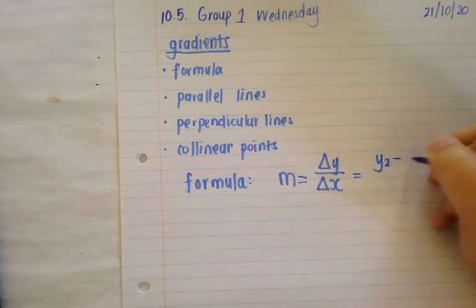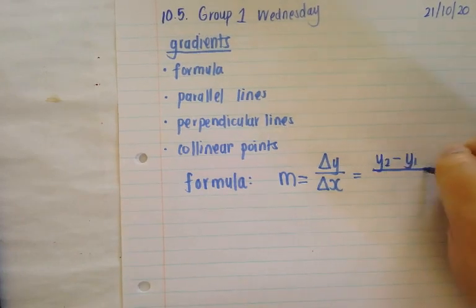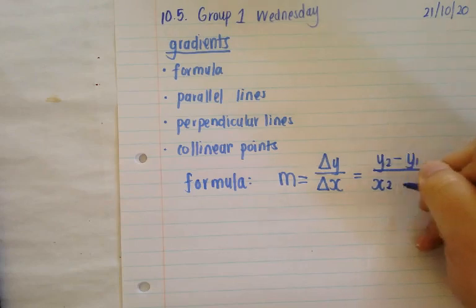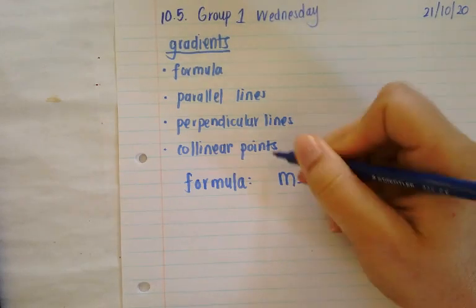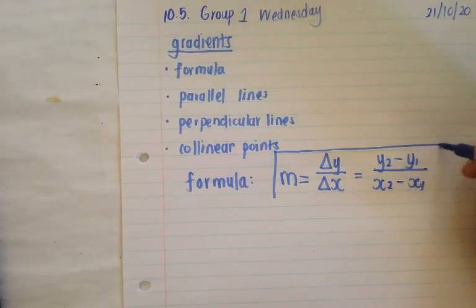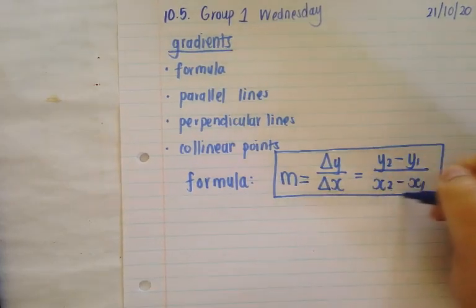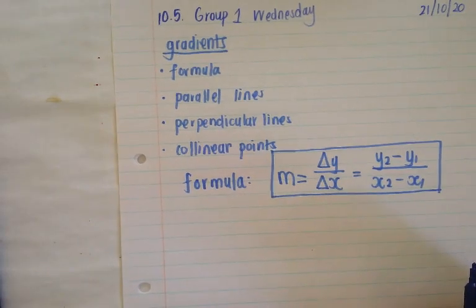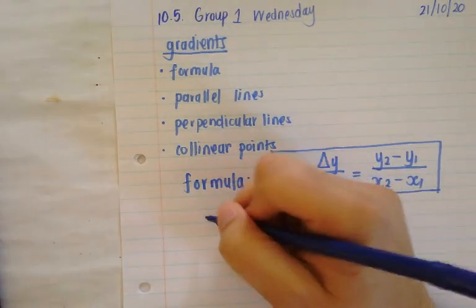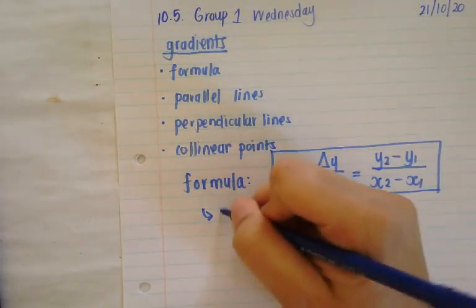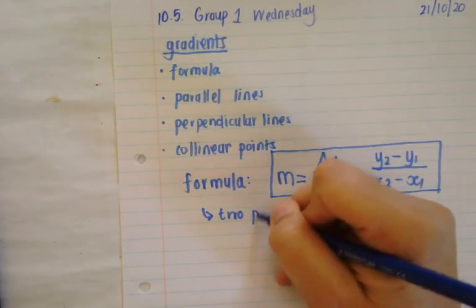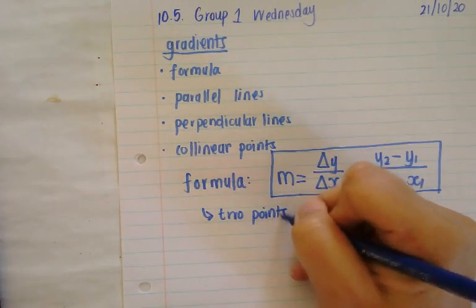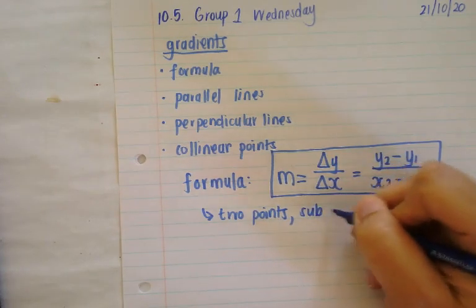But the y is always on the top and the x is always on the bottom. Once again, a formula that you need to know will not be given to you. But we've been doing this since grade 8. So we take the 2 points and we substitute in the values.